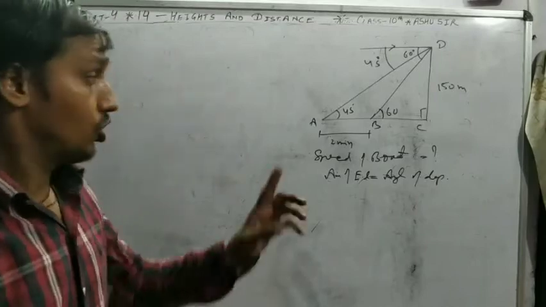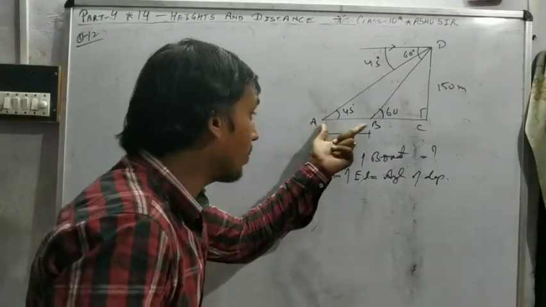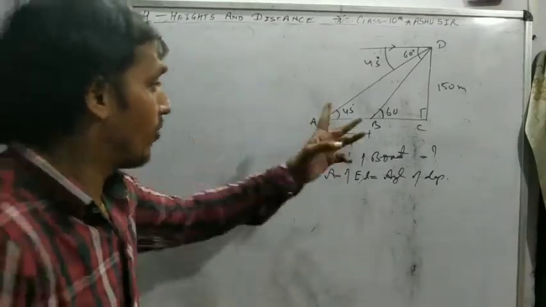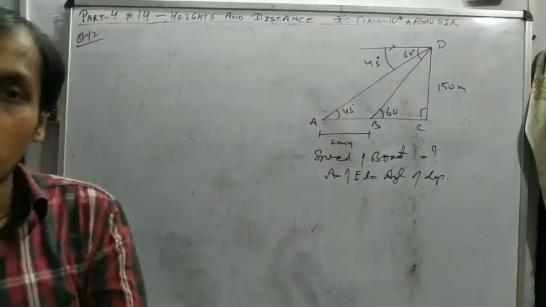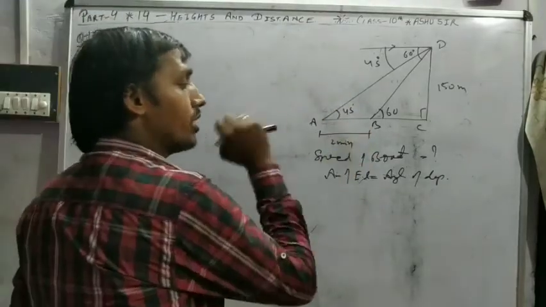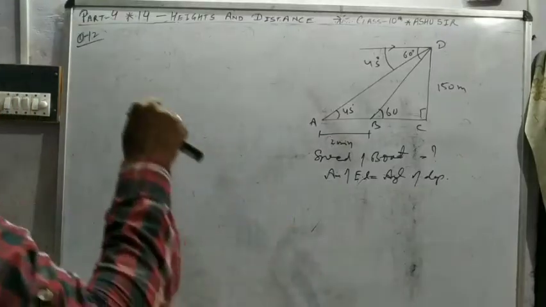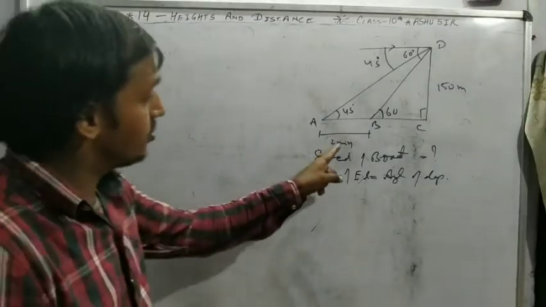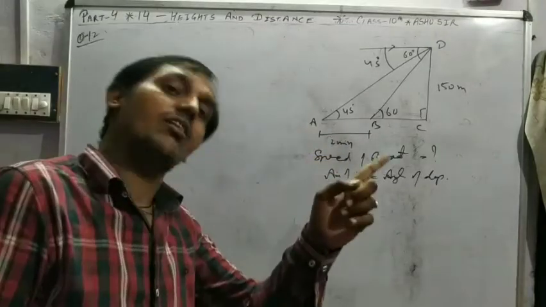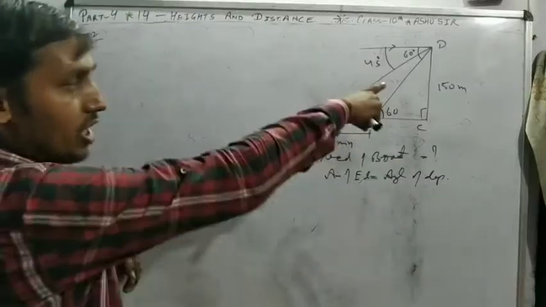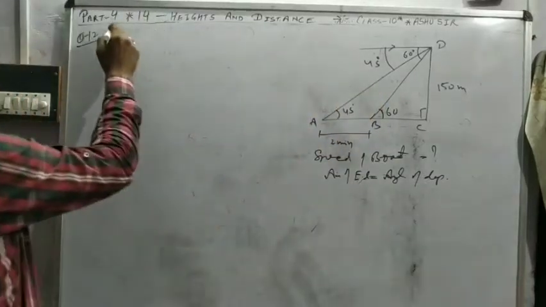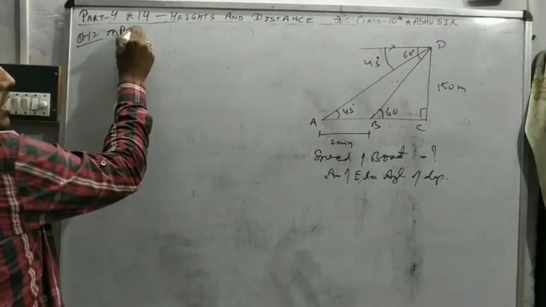Same concept, 2 minutes means AB distance we want to find. If you get AB, then speed equals distance upon time, AB upon 2 minutes, and the speed is in meter per minute, means time in minute and distance in meter. Meter is already given. So use triangle BCD.